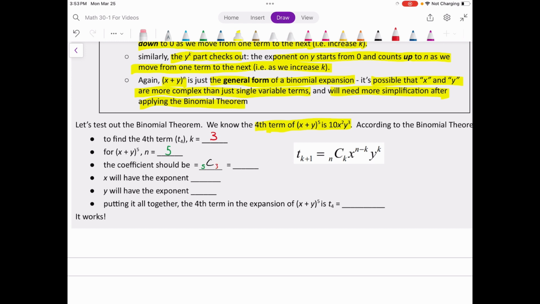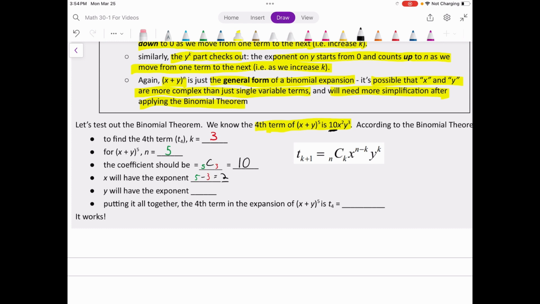And 5 choose 3, if you put that into your calculator, you just get 10. 5 choose 3 is 10. Hey, this is looking good so far, right? x will have the exponent n minus k, according to this, right? What will be the exponent on x? n minus k. So our n is 5, our k is 3. So the exponent should be 5 minus 3, which is 2.